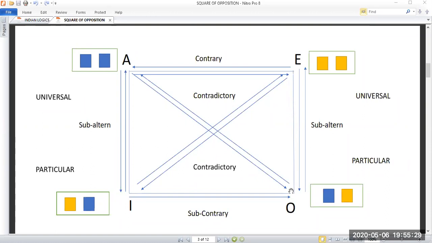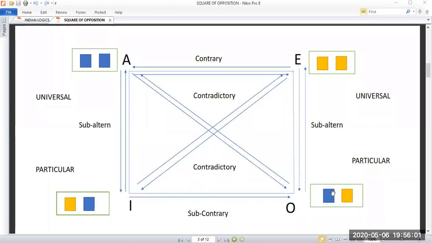If you take the some-not case, at least one should not be blue. At least one should not be blue is taken to be false, what happens? So at least one should be blue.